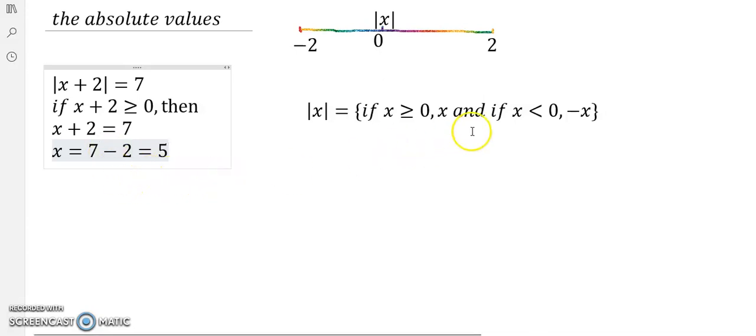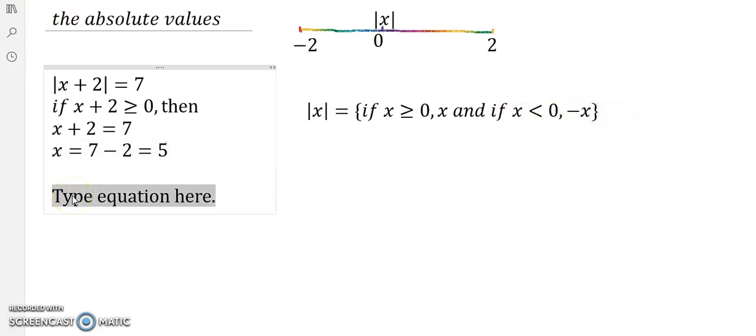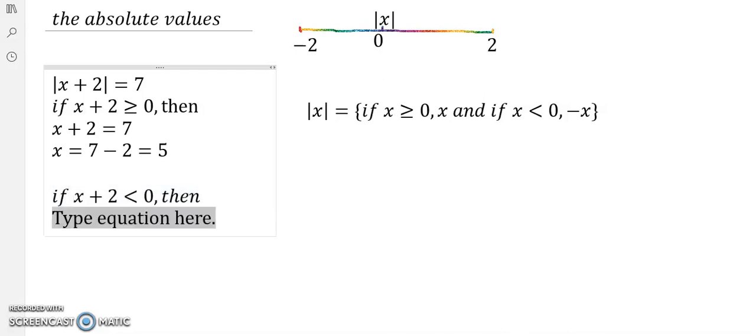Okay guys, we still have the other condition: x plus 2 is less than 0, meaning that we're gonna have negative. We know that all numbers that are less than 0 are negative, meaning that the absolute value of x plus 2 will be negative.